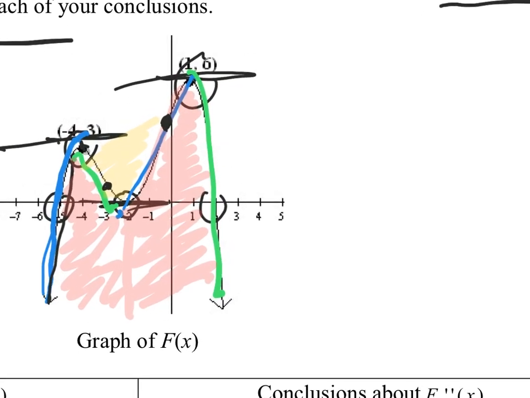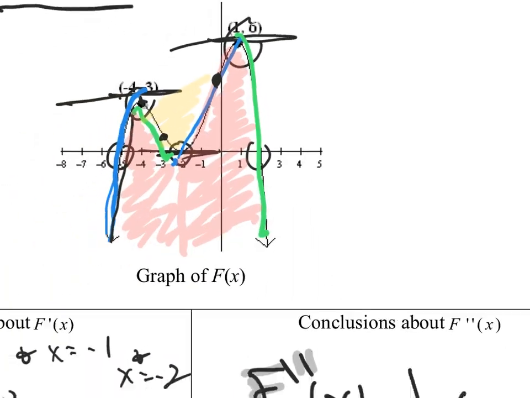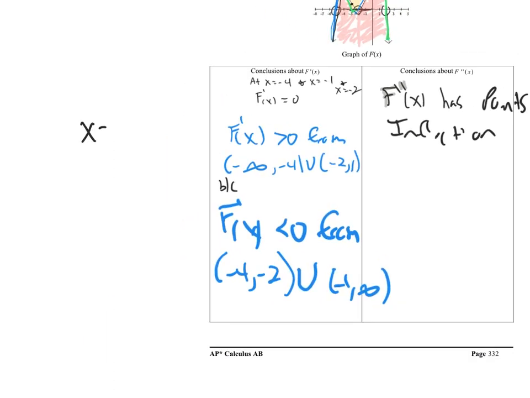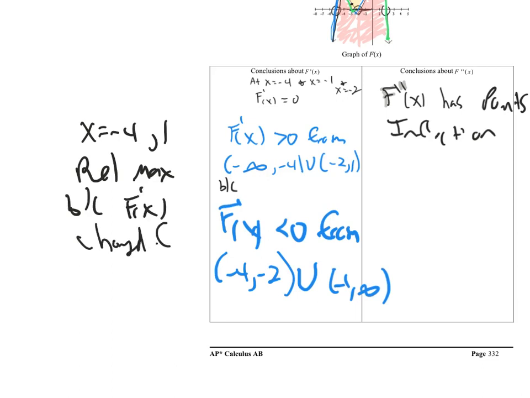Let's see. At -4 and 1, let me add that in here. At x equals -4 and 1, those were relative maxes because f prime of x changed from positive to negative.